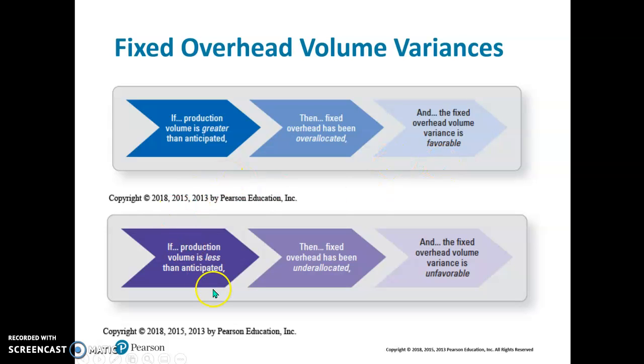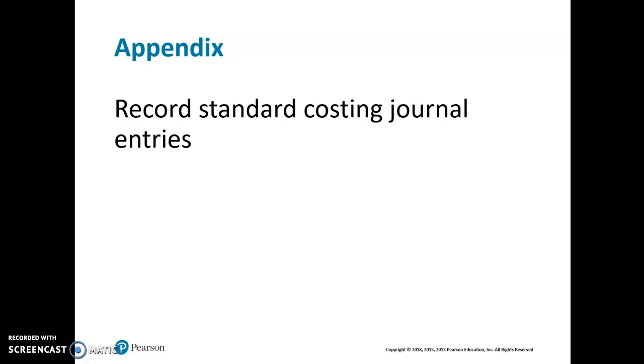If the production volume is less than anticipated, then fixed overhead has been underallocated, and the fixed overhead volume variance would be unfavorable. This will take you some thought. Okay, first of all, practice the questions and then come back to this. And that's it.